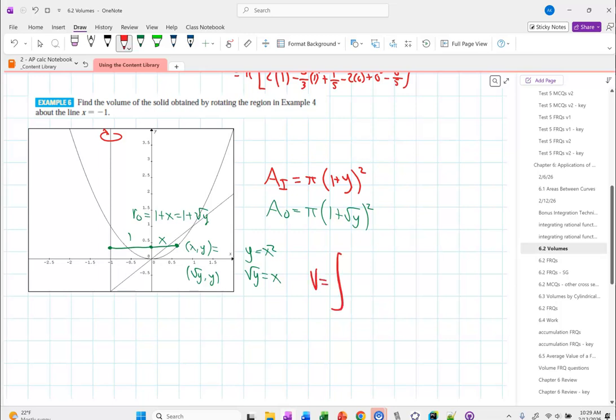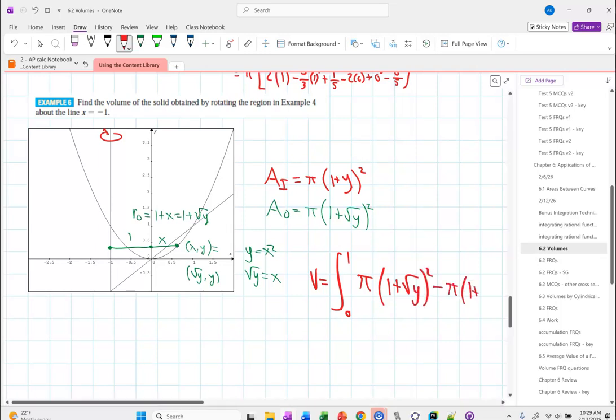So our volume then is the integral from 0 to 1. We'll go integrating along the y-axis. And then we have r outer, or a outer minus a inner.